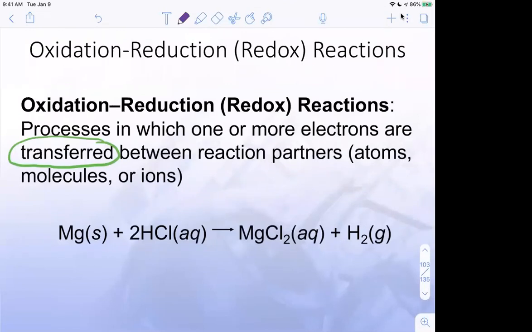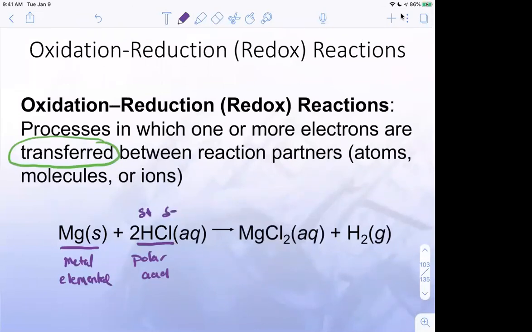So for example, this is magnesium metal. So this is in its elemental state. And then this is a polar acid, where this is partially positive and this is partially negative.